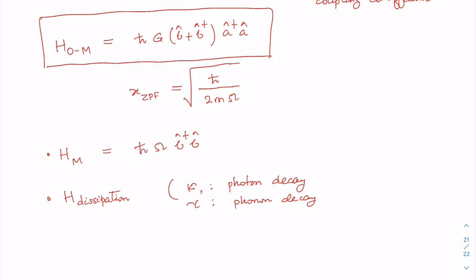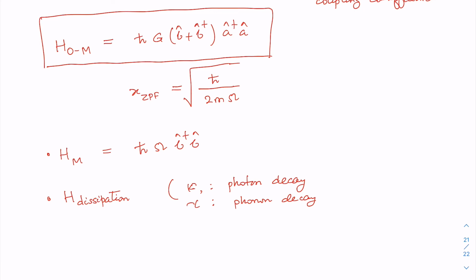Phonons actually decay because the cantilever, or the mechanical oscillator, is generally attached to some kind of a substrate, so the vibration of the beam may be transferred to the substrate. In a way, phonons leak out of the localized vibrational mode and radiate away to the substrate.